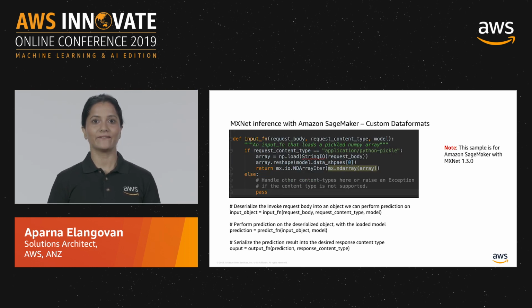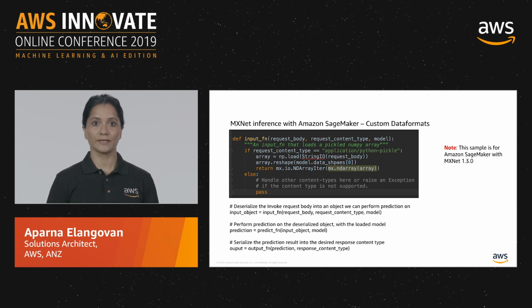This is slightly advanced functionality to show code examples for the general SageMaker inference flow I went through a couple of slides ago. If you use standard formats like JSON in your HTTP request, you would normally not have to customize your input requests or output responses.